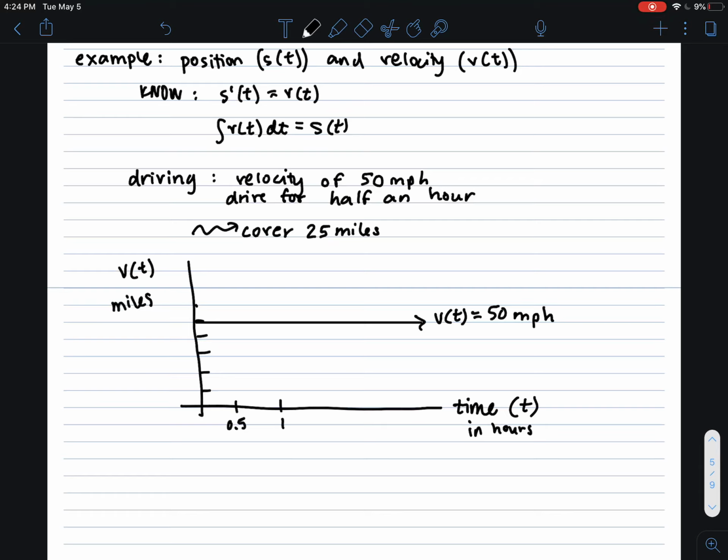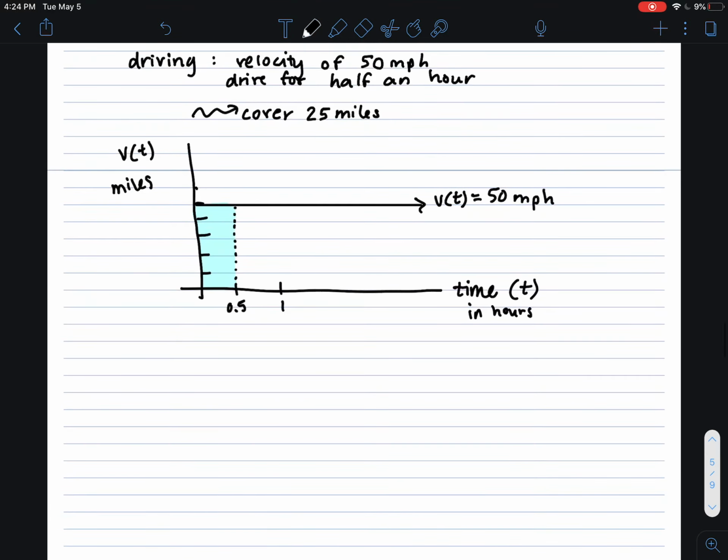Then if I cut off my time at half an hour, supposedly this area under my velocity graph should be my position. Specifically, it should be the position at half an hour.